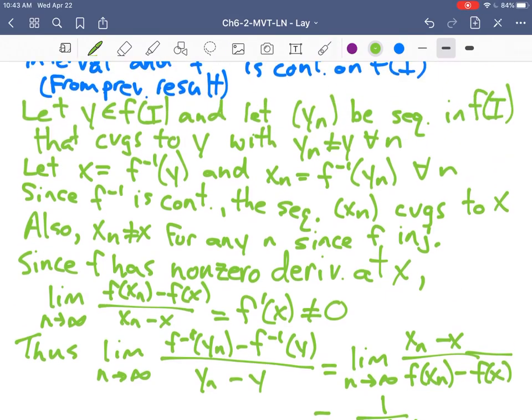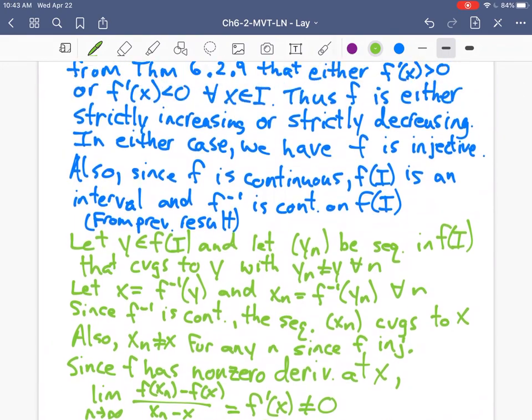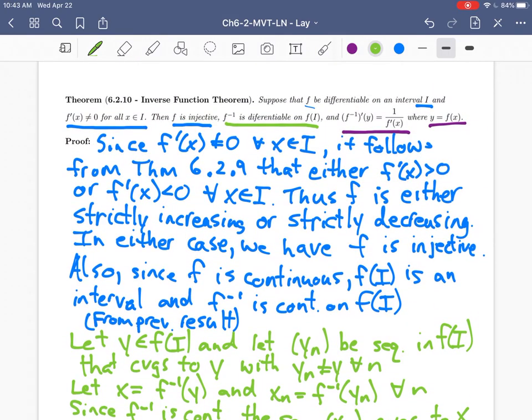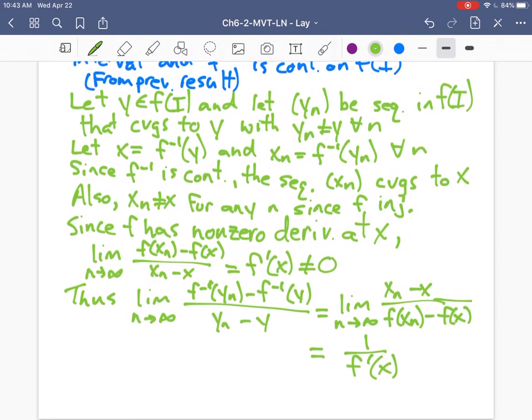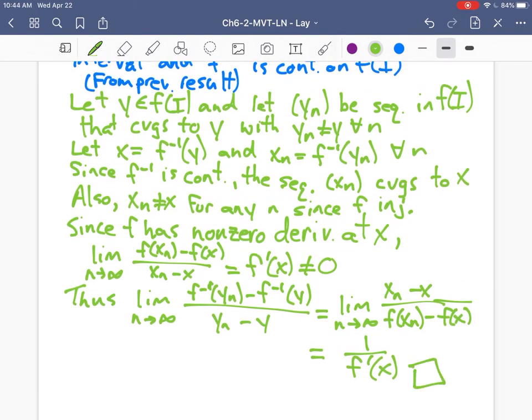And so we do end up with it being differentiable, and not only do we get the differentiable part, we actually get what that derivative is equal to. And that is that. All right.